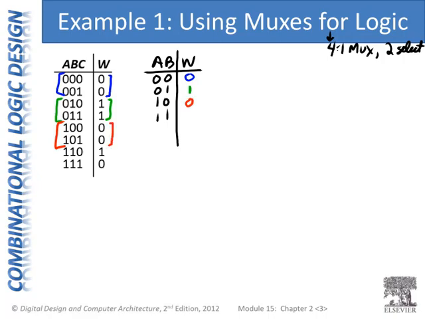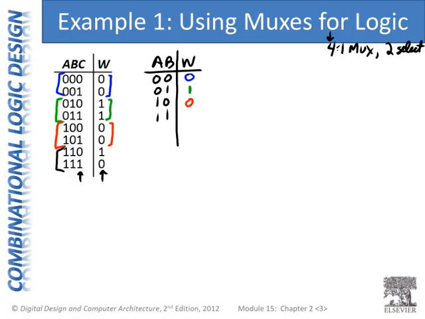And when A and B are 1, 1, now the output does the opposite of what C does. So when C is 0, W is 1. When C is 1, W is 0, in the case that A and B are both 1.